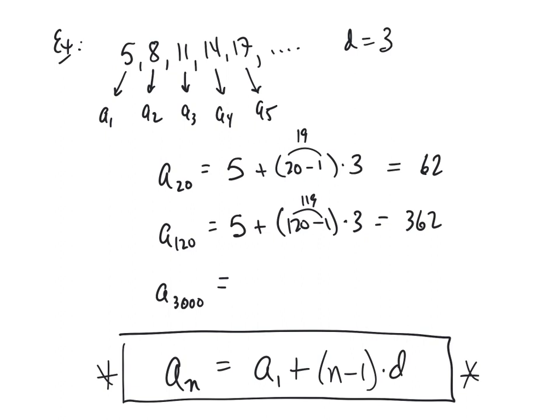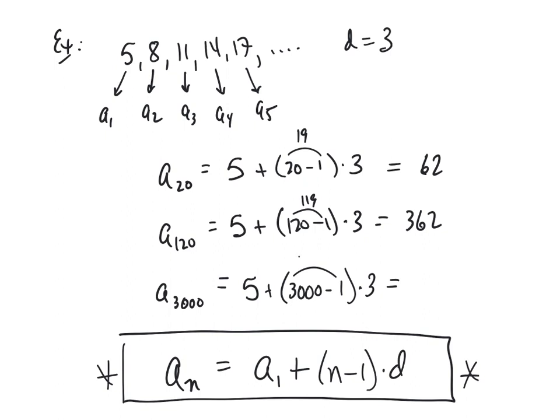To find the 3,000th term, we would take the first term in the sequence, add to that the term number we're looking for, 3,000, minus 1, and multiply by the common difference. Again, subtract inside the parentheses, just doing our PEMDAS.